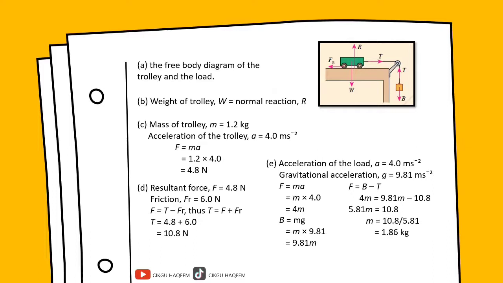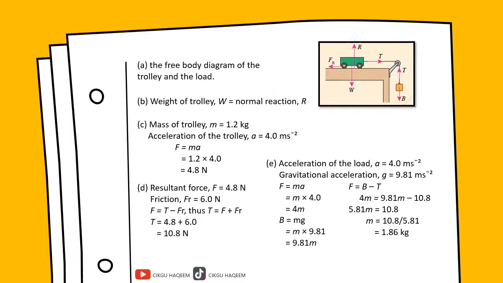We're asking for the magnitude of the tension in the string. We know that the tension of the string is facing in the direction of the motion of the trolley, which is to the right. So we assume the tension is in the positive direction, and the frictional force is in the opposite direction, to the left.